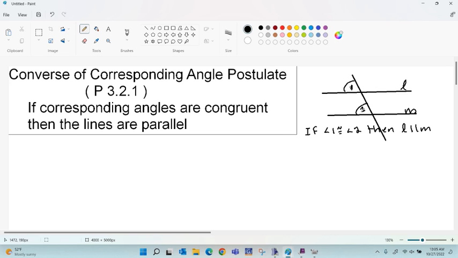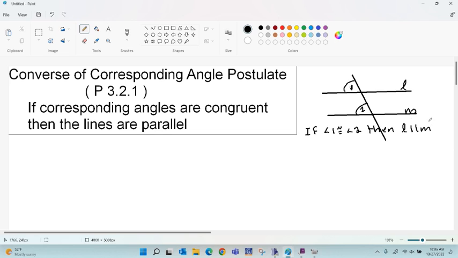Okay. Now, this is one case where the converse has the same truth value as the original statement. That doesn't always happen, but in this case it does. So if the lines are parallel, then the corresponding angles are congruent. If the corresponding angles are congruent, then the lines are parallel.